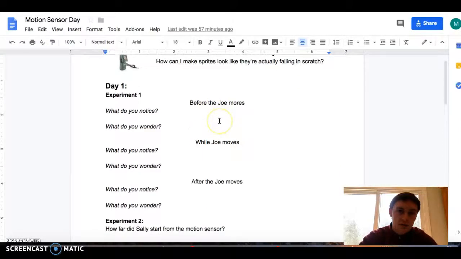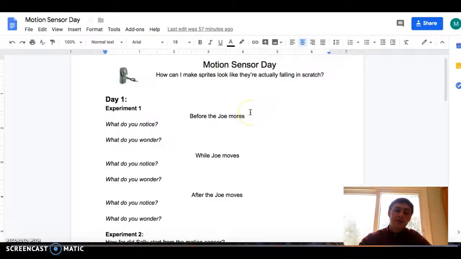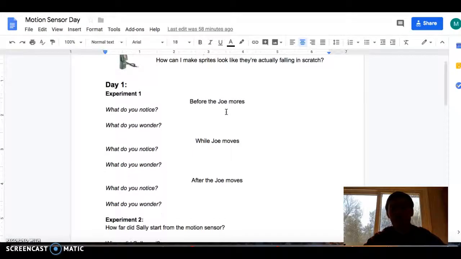So what this really looks like is we're going to be using a motion sensor. I talk a little bit about the motion sensor at the start of the class, how it collects data, it uses sonar, but besides that we're going to get right to the point, and I'm going to ask students to be the objects in motion.